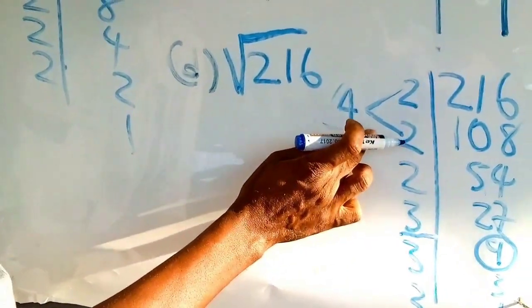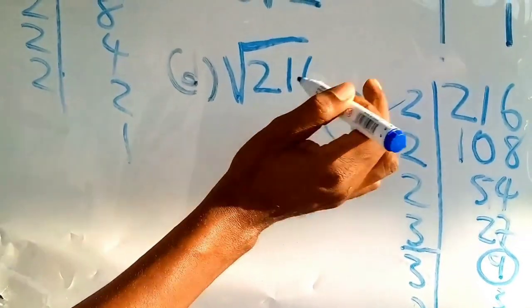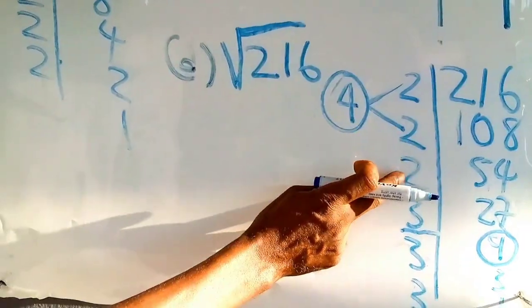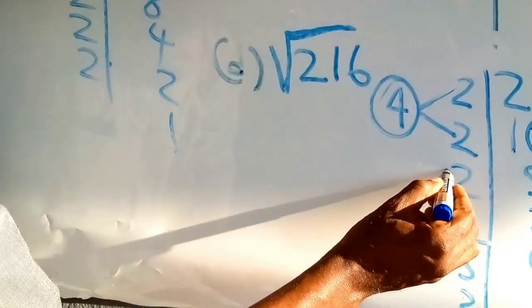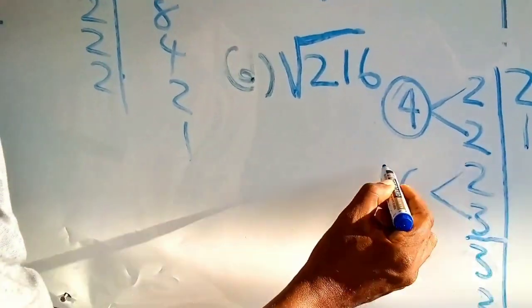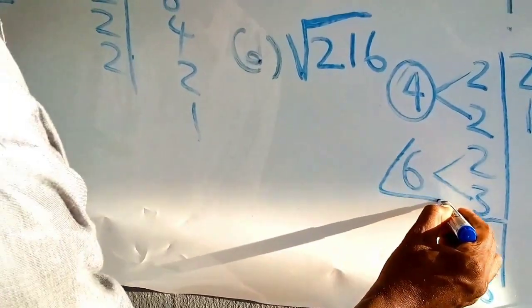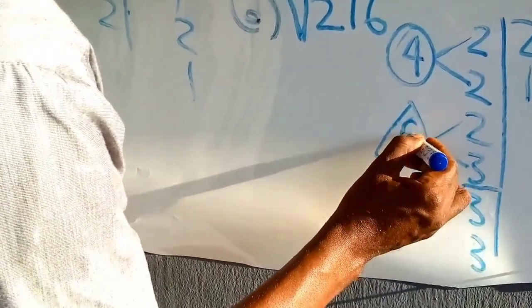It should be a circle, because it's a perfect square. Circle is 4. Then 2 times 3 is 6. That's the remaining number now. I need it 2, but I'm going to put it in a triangular form because it's an irrational number. It's not a perfect square.